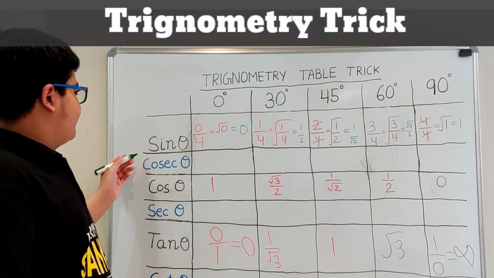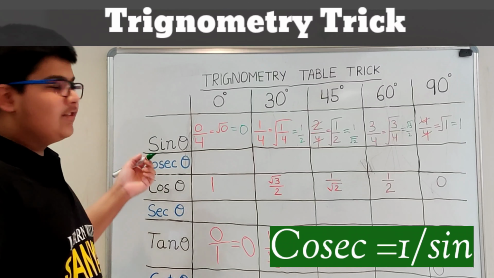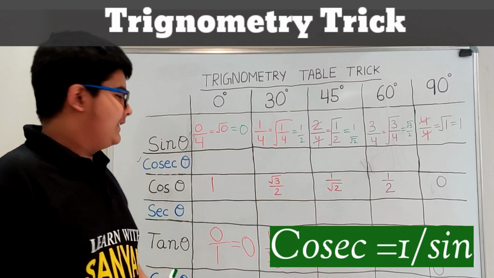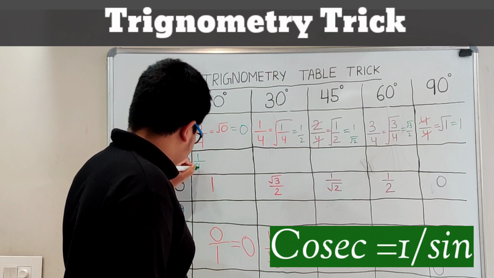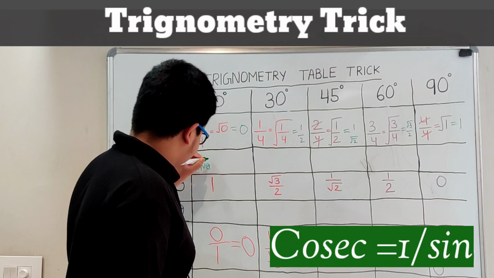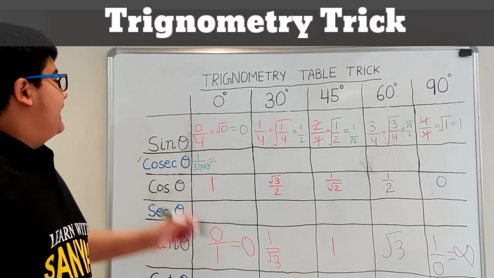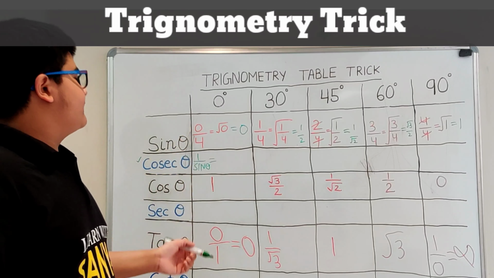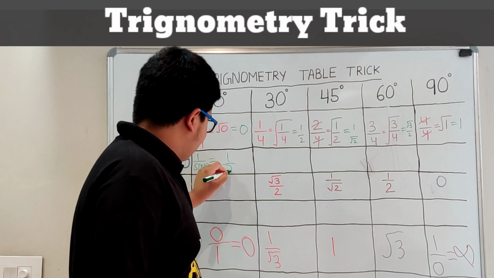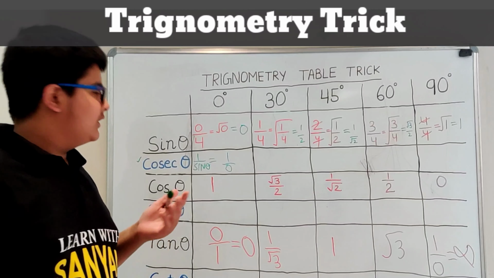For the values of cosecant theta, we just have to take the reciprocal of sine theta. So cosecant theta is equal to 1 upon sine theta. Here sine 0 is 0, so cosecant theta will be the reciprocal of 0, which is 1 by 0, and anything divided by 0 is not defined.